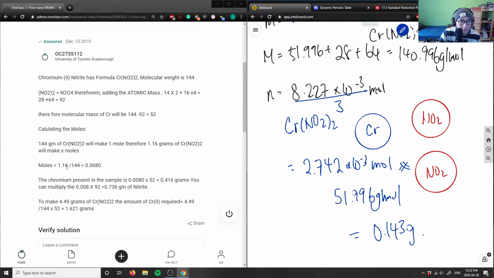Moles is 1.16 divided by, so this here is correct, and the moles of chromium in sample times 52: 0.082 times 0.41 times 52 gives me 0.416.